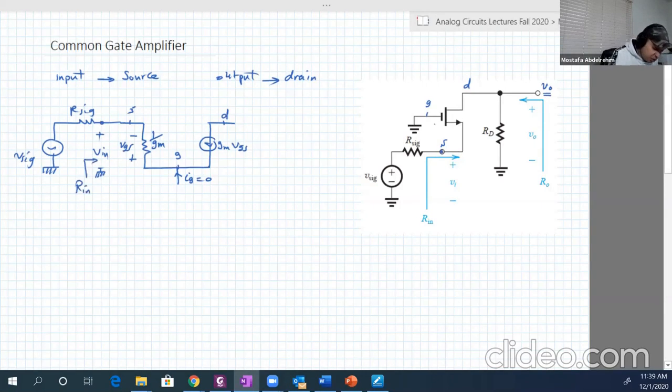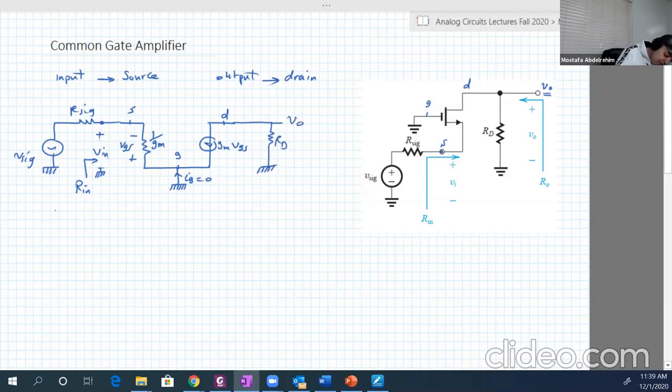And the gate is connected to ground, and the drain is connected to the ground through RD. And that's it. And here is Vo.